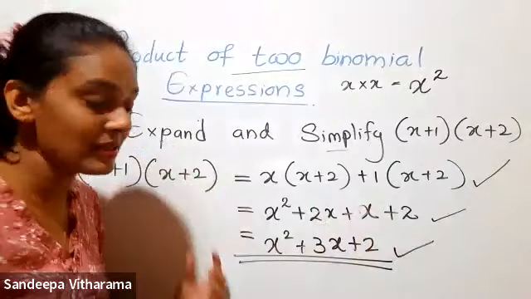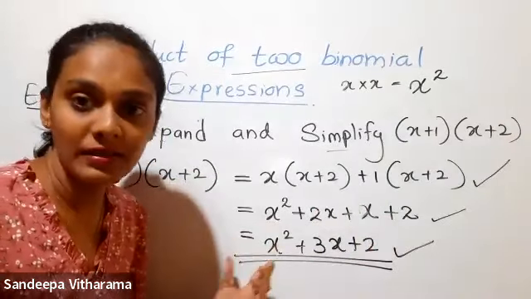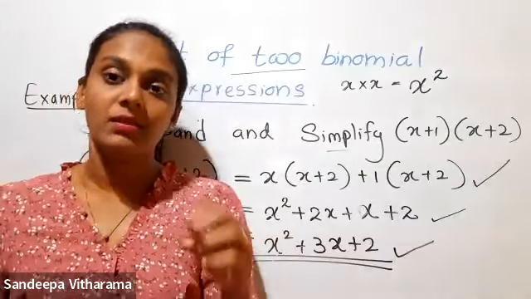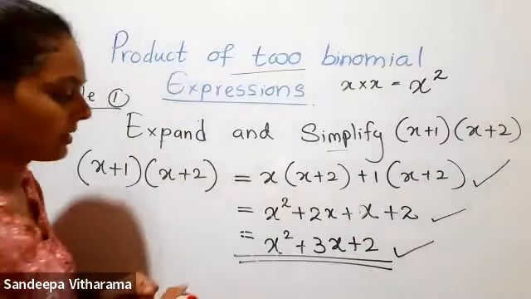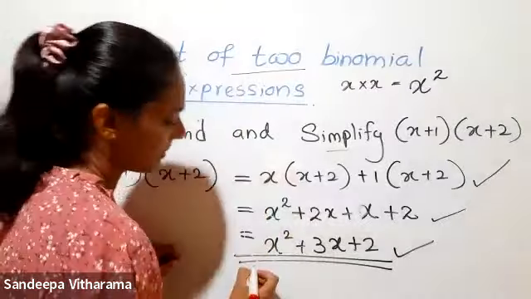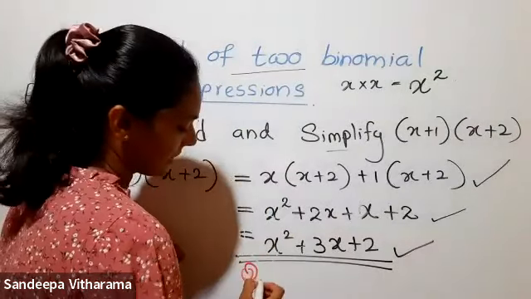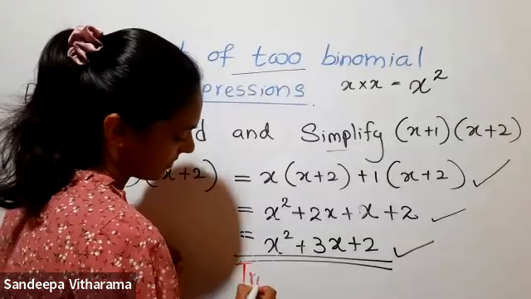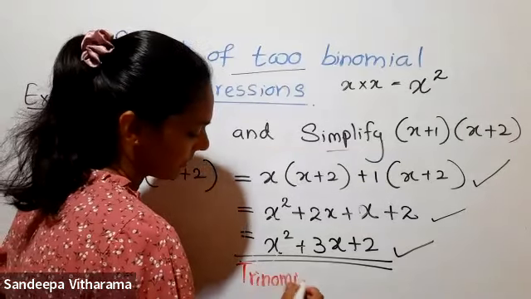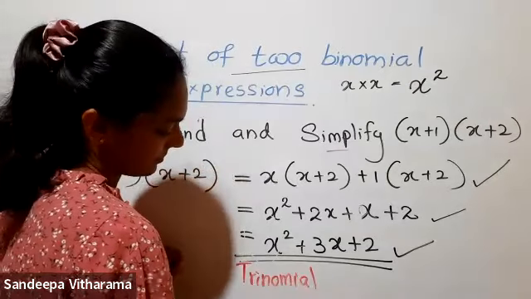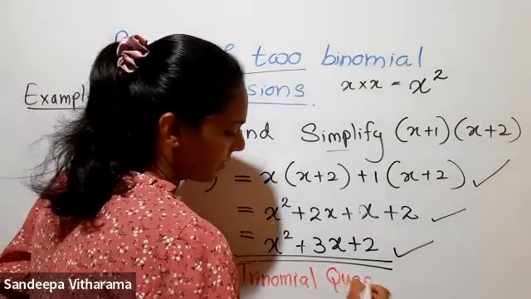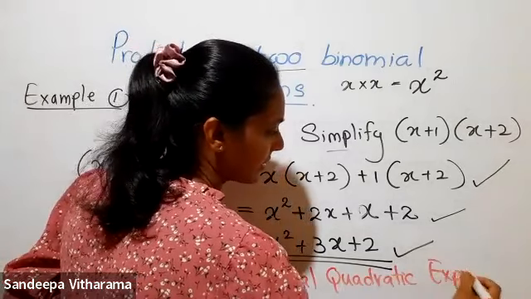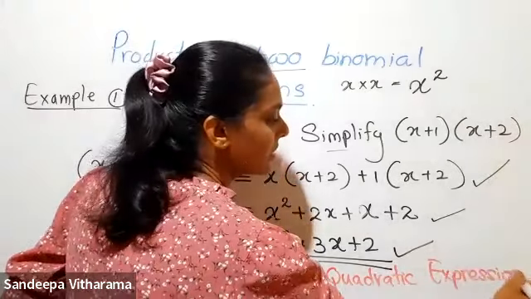Quadratic means it consists of a square term. When there is a square term, it is called a quadratic expression. So just for this example, write this down: it is called a trinomial quadratic expression. Understood?